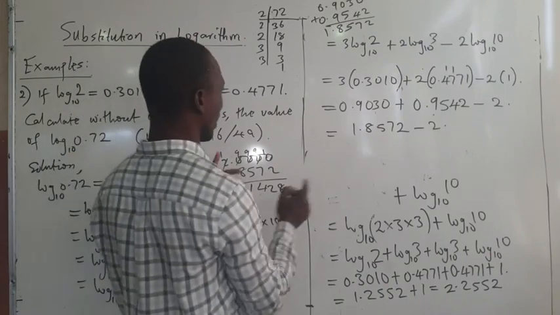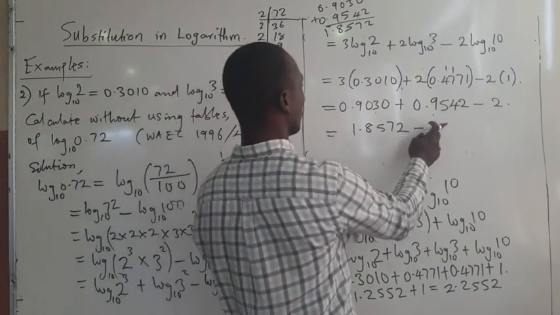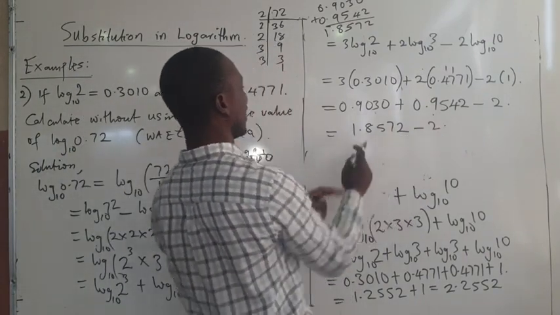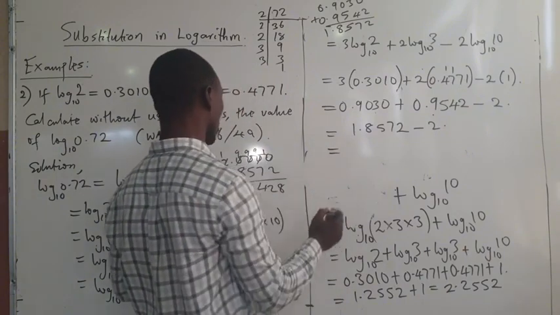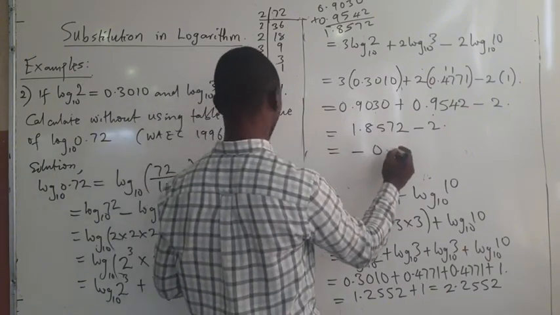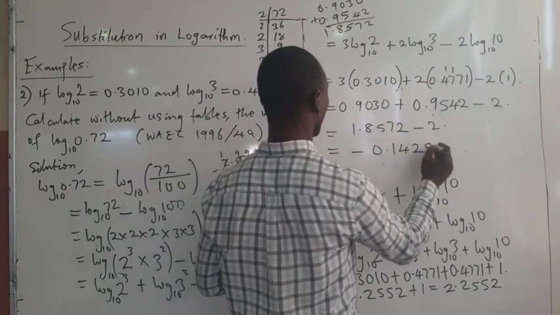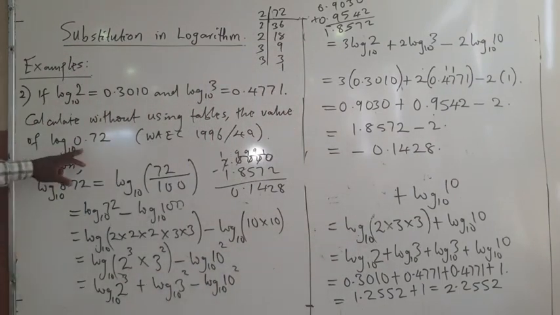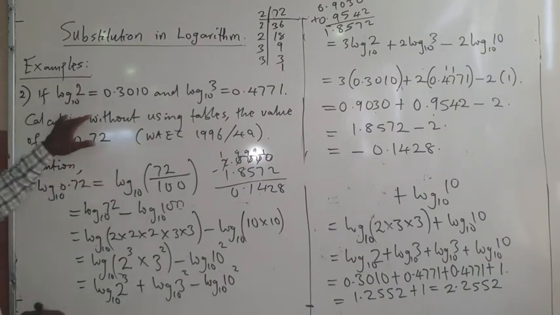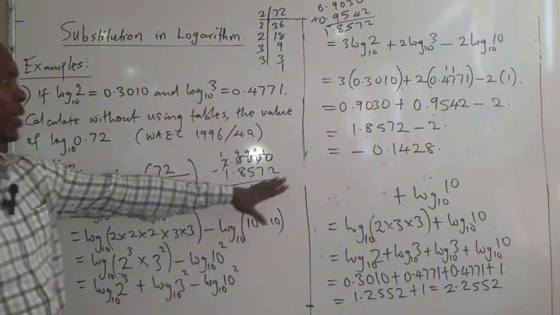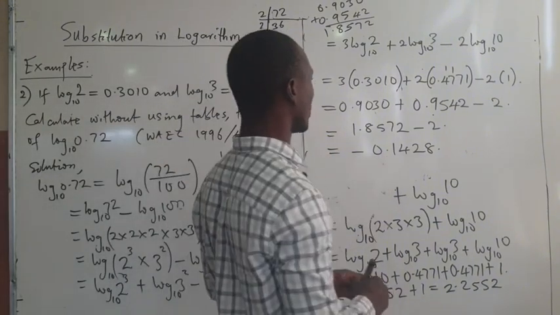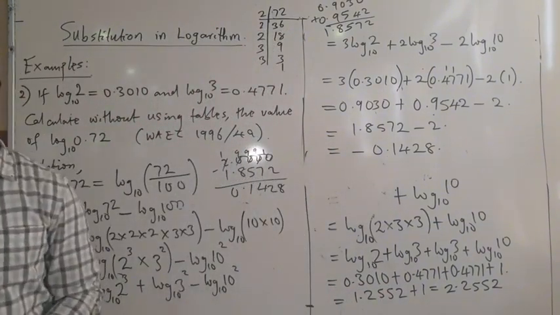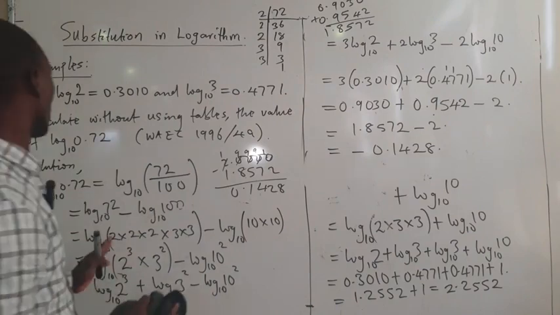The answer is going to carry minus because the one with minus is bigger than the one with plus. So the answer is minus 0.1428, which means log 0.72 base 10 in terms of log 2 base 10 and log 3 base 10 is minus 0.1428. So this is the end of question number 2.